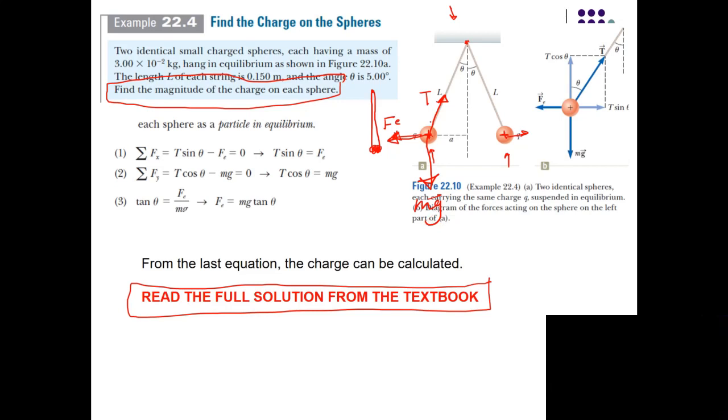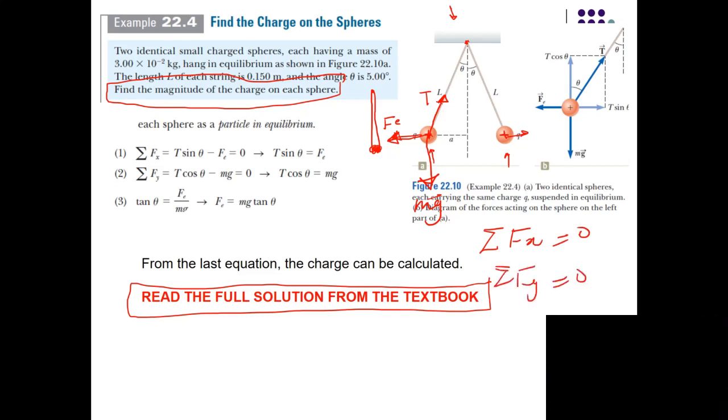And because it's equilibrium, it means the total force affecting Q is equal to 0. But remember, this is a two-dimensional problem. So you need to know that the summation of Fx is equal to 0, the summation of Fy is equal to 0.